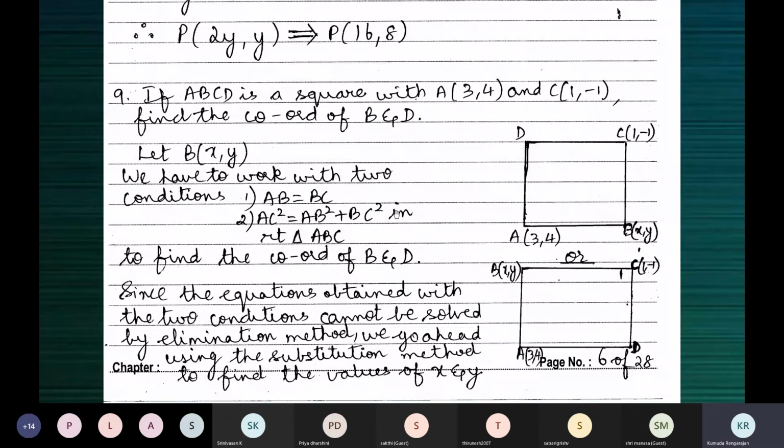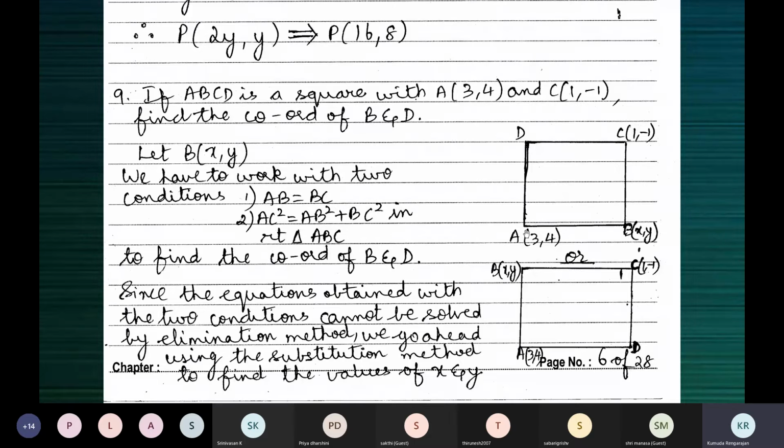Then we also work Pythagoras theorem. We connect the diagonal AC, not the diagonal BD, so that we have the right triangle ABC. We have the vertex A, we have assumed B, and C is given. So we want to do everything with A, B, and C. We don't want to use D at all. The next condition is to join the diagonal AC.